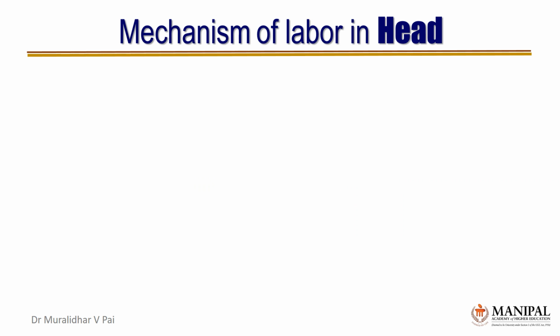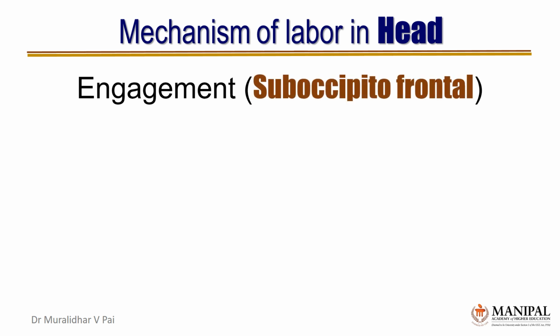The last one is mechanism of labor in head. The engagement occurs with the suboccipitofrontal diameter. With increased flexion, it may change to occipitofrontal or even suboccipitobregmatic towards the end.